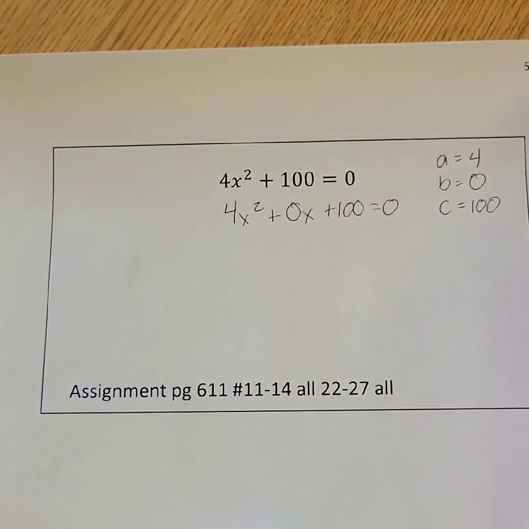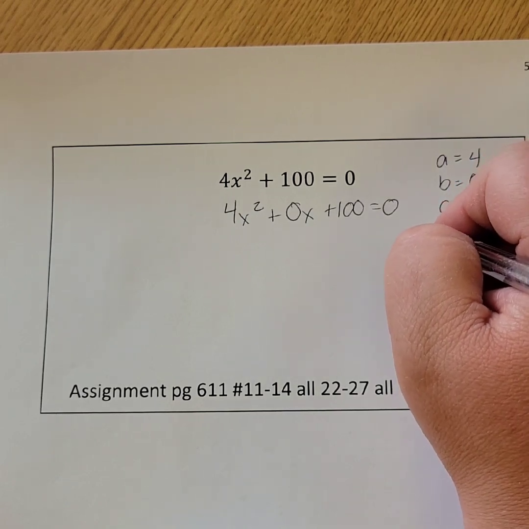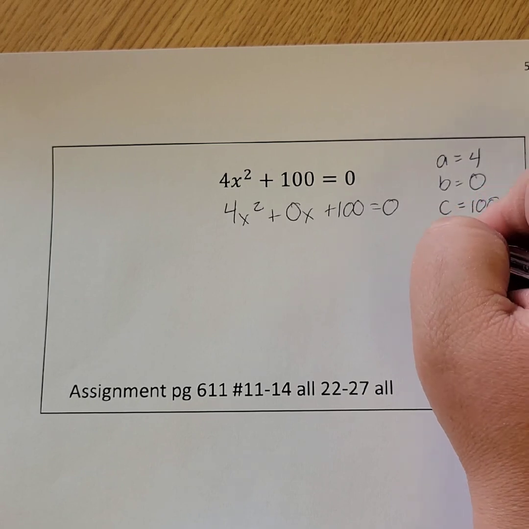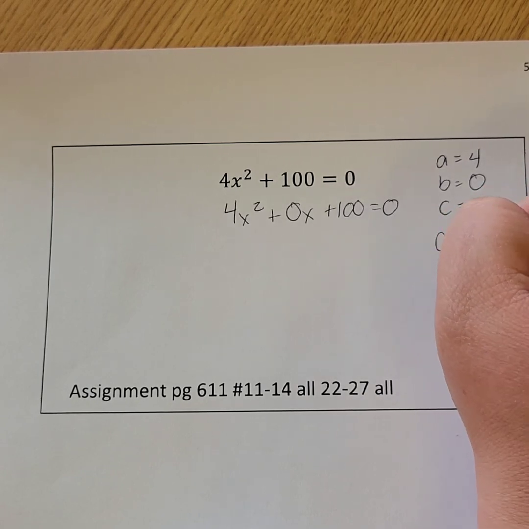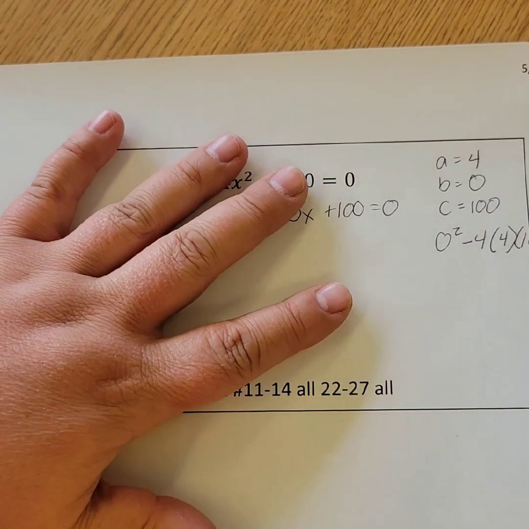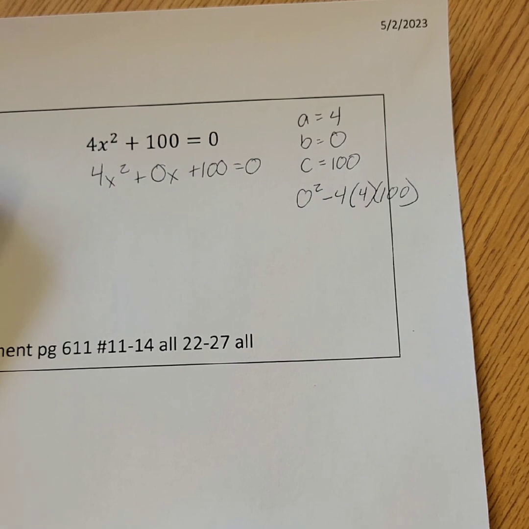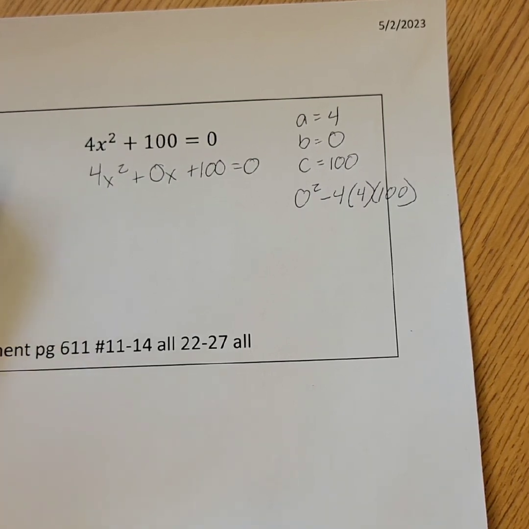So then the discriminant is going to be 0 squared minus 4 times 4 times 100. So it looks to me like it's going to be negative.